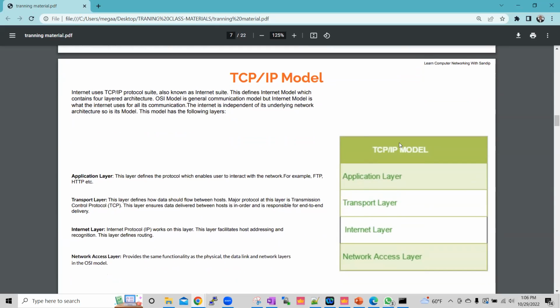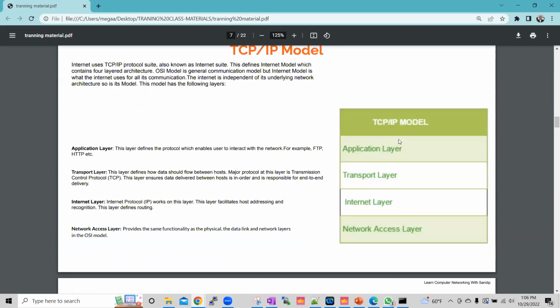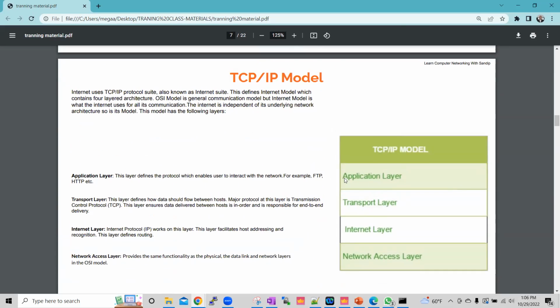This is another model, the TCP/IP model. They condense the layers to 4. This is where it makes a little bit of sense. According to some people, this is the one we use in the working environment.